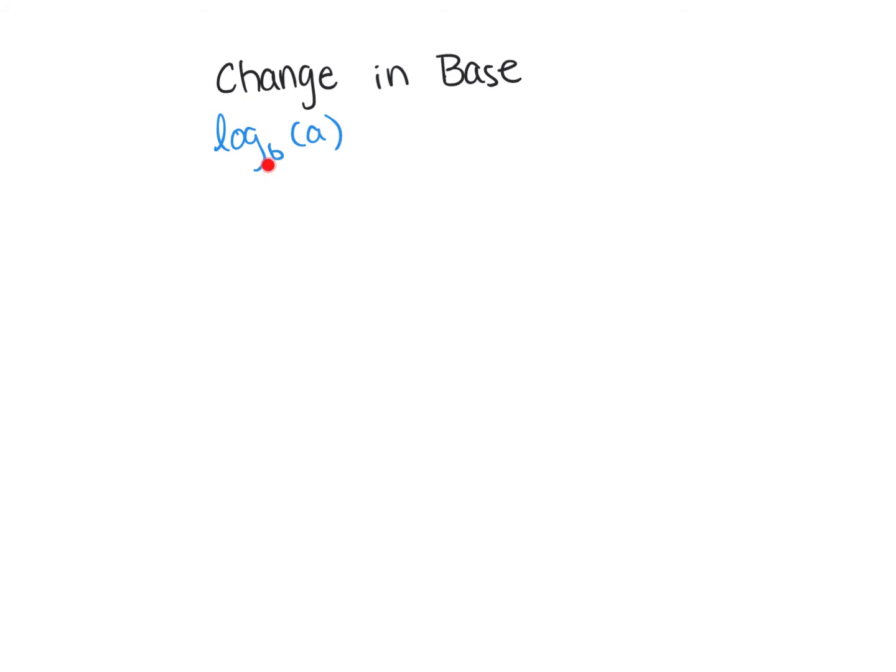Well, we need to change the base to make it become a base of 10. The way that we would do that is we would write this as log of a, or whatever was in our argument, divided by log of b, or whatever our previous base was. This now changes both of these bases to a base of 10. So now this is something we can use in our calculator.